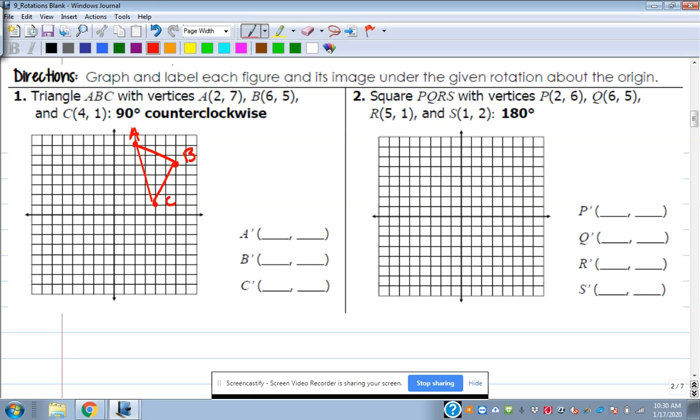And a 90-degree counterclockwise rotation takes those vertices, and for the image, A prime is going to swap X and Y from A and change the sign of the Y. So that'd be at (-7, 2). Then B prime would be at (-5, 6), and C prime would be at (-1, 4). Plot those points.